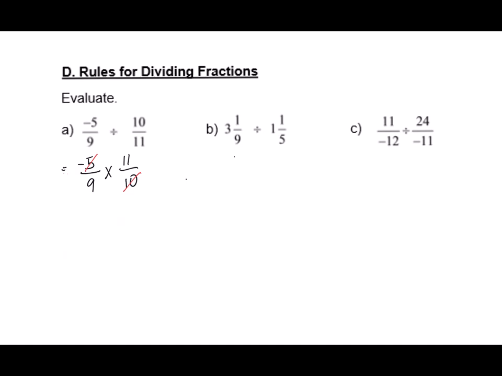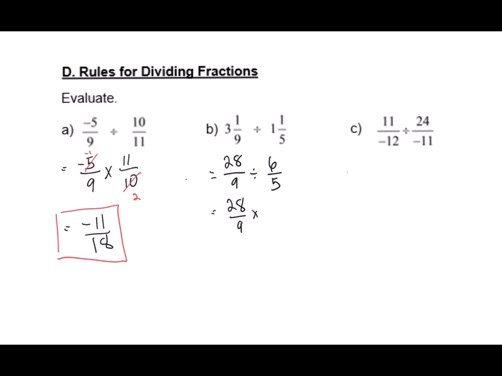Now for the next problem, in order to do this problem, you need to convert these fractions into improper fractions. Do so, and you should get the following. Now we're going to flip and reverse the second part. Now we look for opportunities to cross cancel.